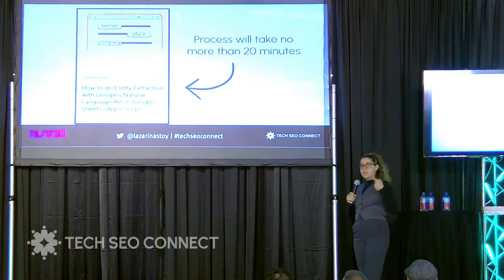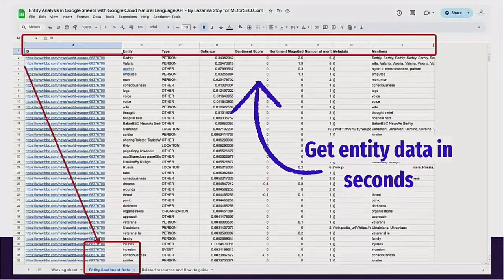So again, the process to identify entities shouldn't take you more than 20 minutes. You run a script, same as before, same API key, you already have the key, and you get the entity data in seconds. What is awesome about this is you get not only the identified entity from the content, but also what type of entity it is, how prominent it is, how important it is for the text that you have analyzed, how many times it has been mentioned, and what the different wordings are whenever this entity is mentioned.